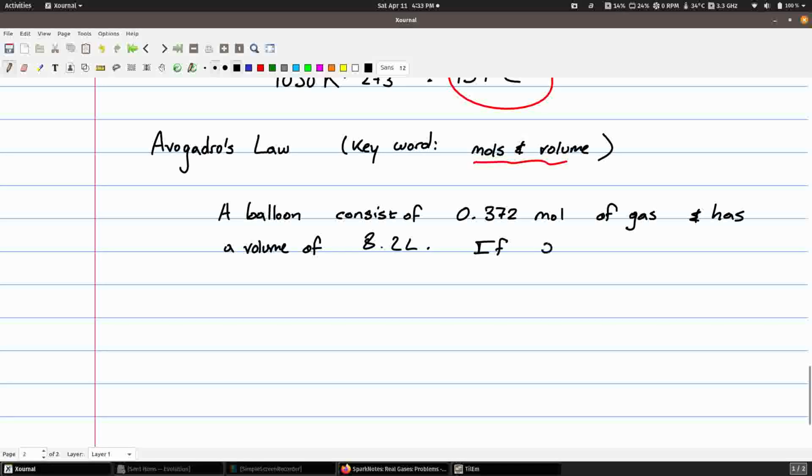If 0.452 moles of gas are added, what is the volume of gas?